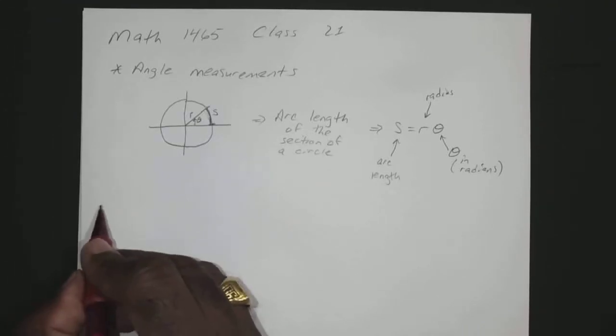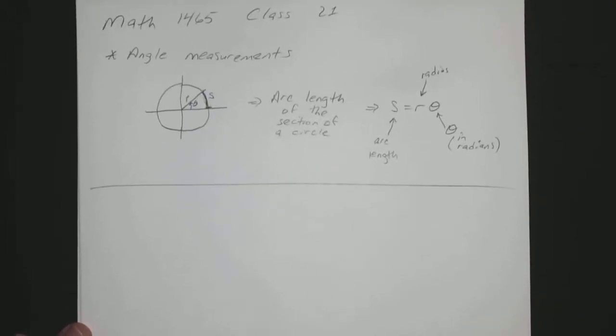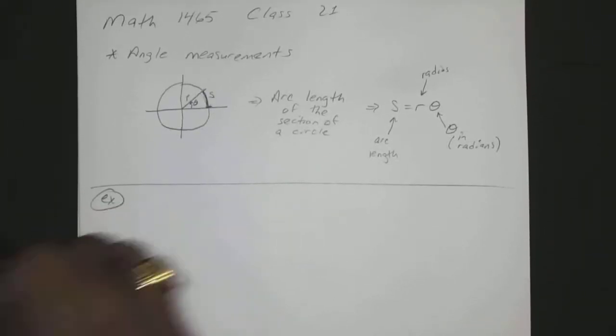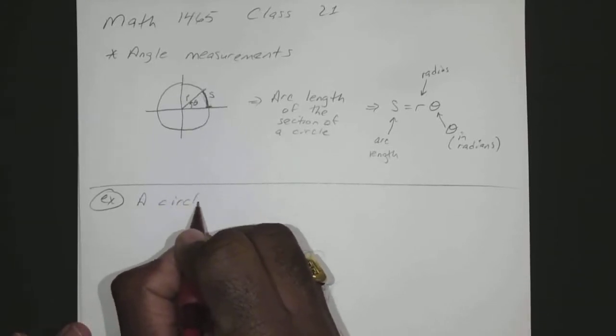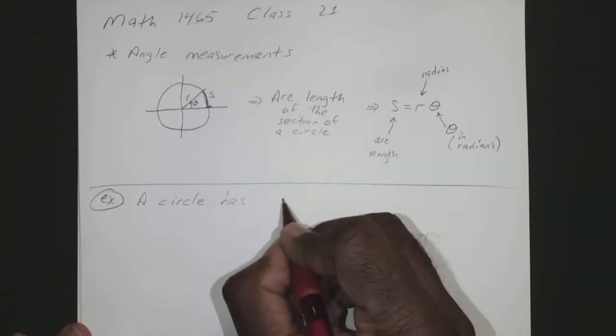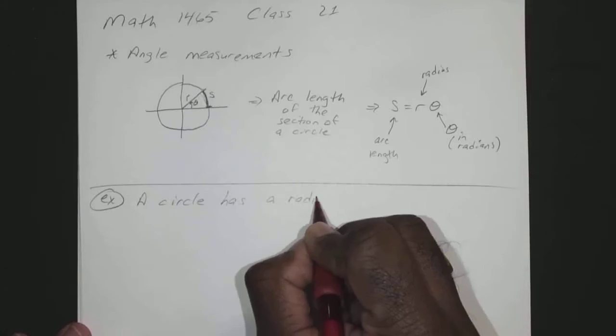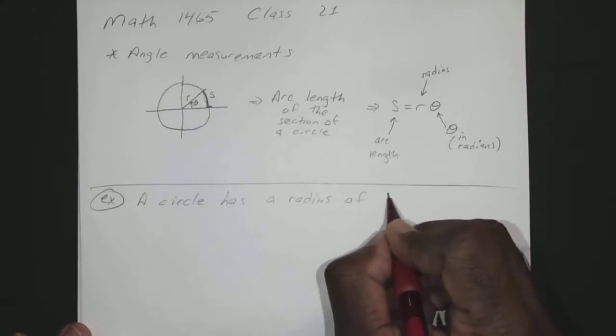All right, so let's say, for example, a circle has a radius of 4 inches.